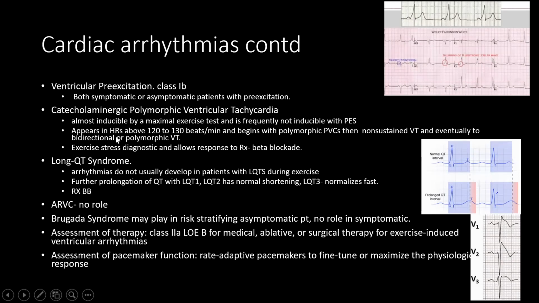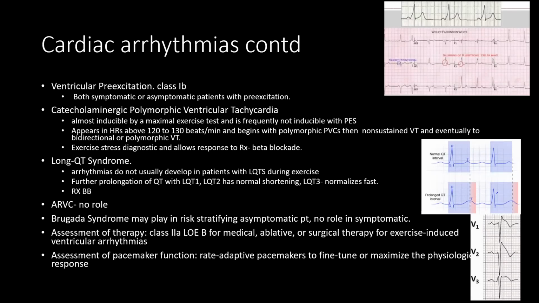It appears at heart rates above 120 to 130 beats per minute and begins with polymorphic PVCs, then non-sustained ventricular tachycardia, and eventually it can become bidirectional or polymorphic ventricular tachycardia. Exercise stress testing is diagnostic in such cases and allows assessment of response to therapy that generally includes beta blockers.